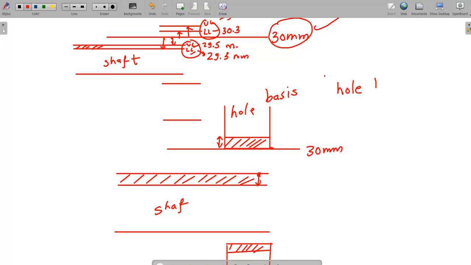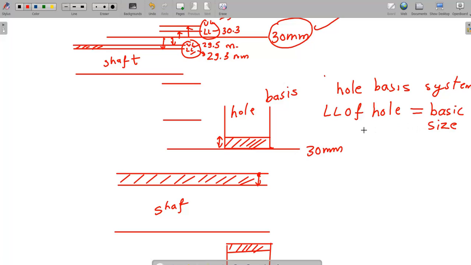Okay, now hole basis system. I'm just putting it down. Hole basis system. Lower limit of hole will be always equal to what? Basic size. Okay, in a similar way, suppose I consider shaft basis system. In shaft basis system, shaft will be basic size.